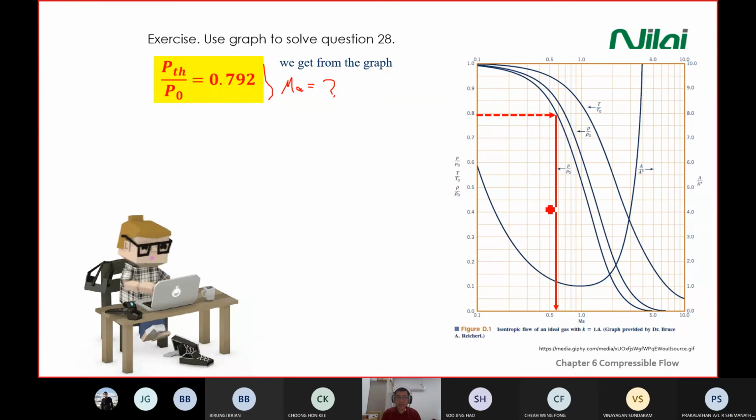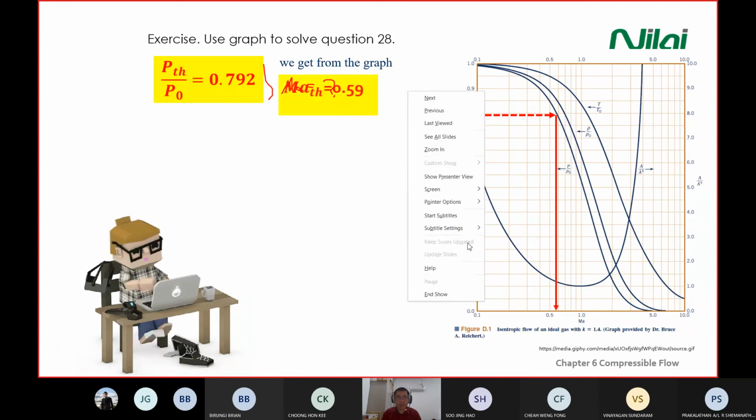This line and this line in the exam will give you at least 1 Mach. If you use a hard copy, you draw this line, go in, draw down, you get 1 Mach. To show that you understand, use diagram D.1. So in this case, your Mach number is around 0.6.